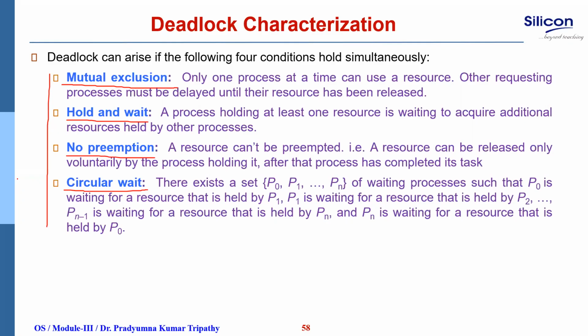Correct? Take the first example that I have given, two students requiring two books, Godbole and the Galvin book. If process 1 and process 2 are sharing the book, then there is no problem. The deadlock will not occur.